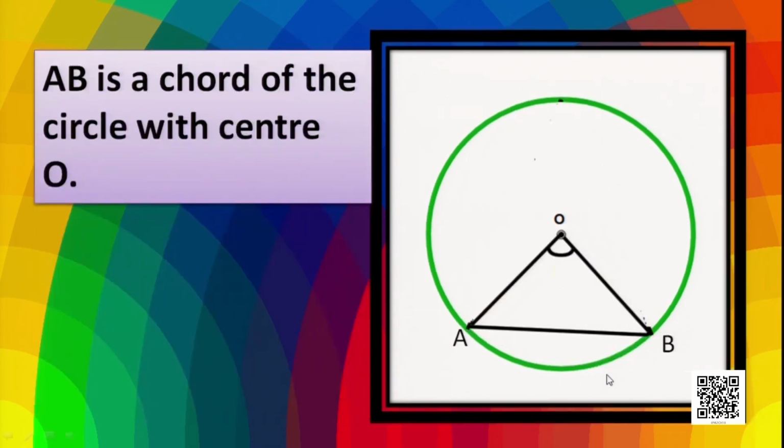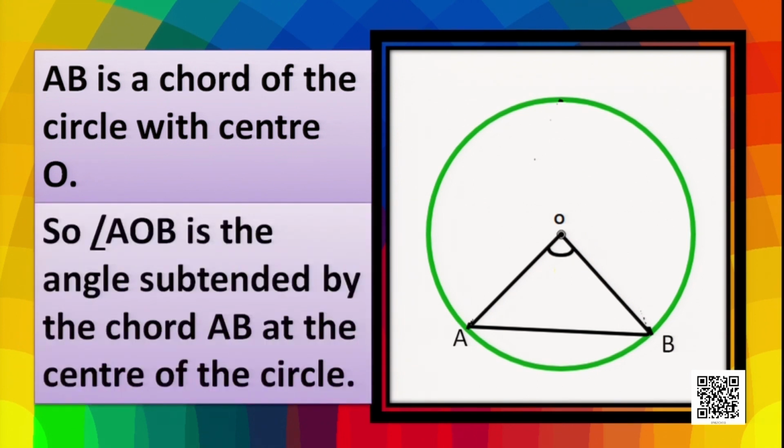Now again AB is a chord and the center of the circle is O. Here you can see that AB also subtends an angle at O. So we can say that angle AOB is the angle subtended by the chord AB at the center of the circle.